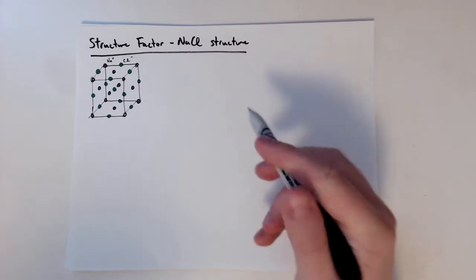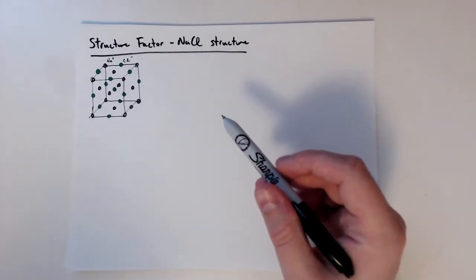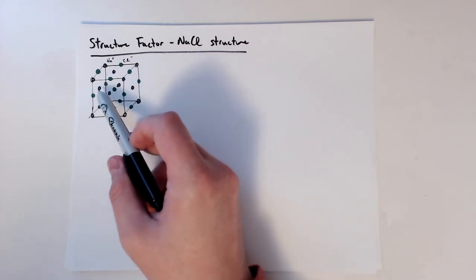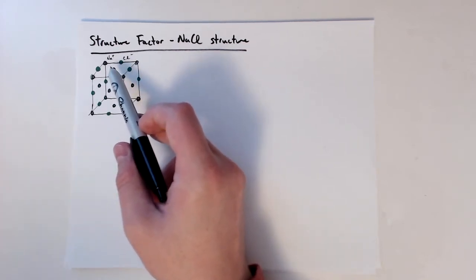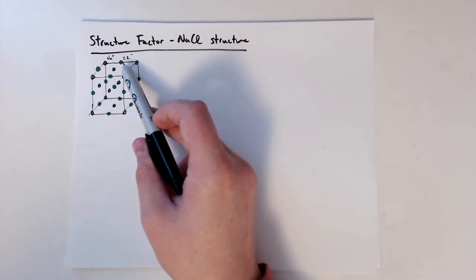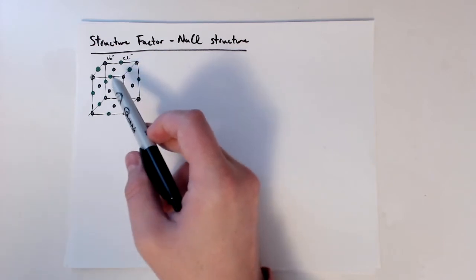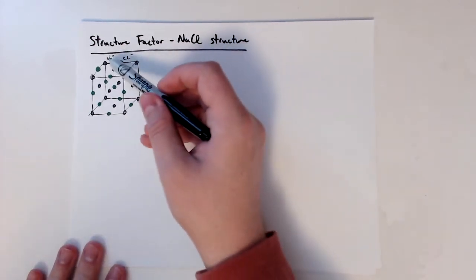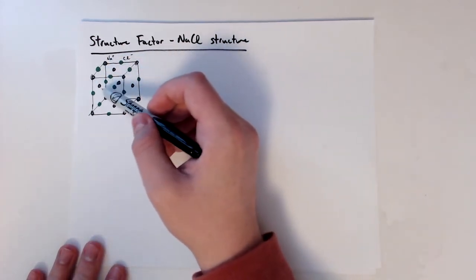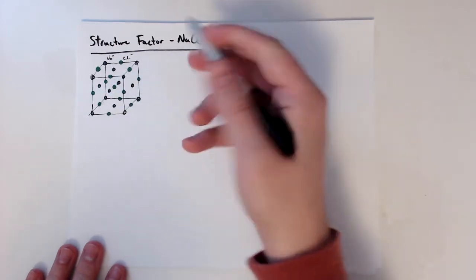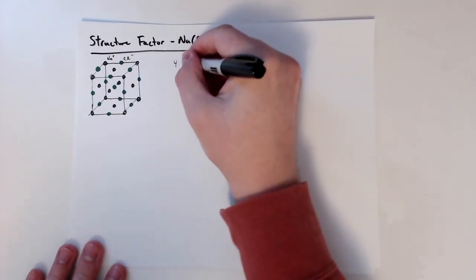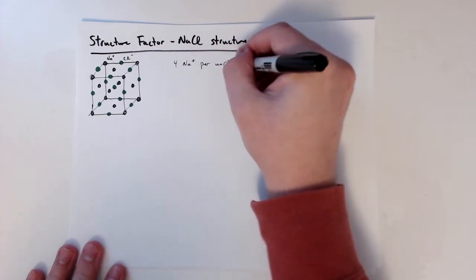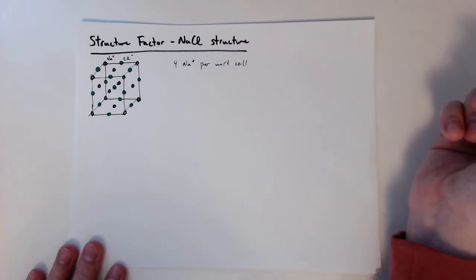All right, so for the sodium chloride structure, for my drawing here, the black ones on the corner and the face-centered positions are sodium, and the ones on the centers of the edge and the middle are chlorine. So if you work out the numbers here, if sodium is on the corners and in the face-centered positions, then there should be 4 Na plus per unit cell. So we'll need to know 4 positions.